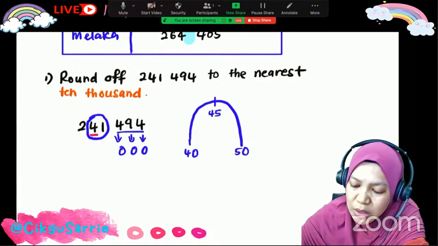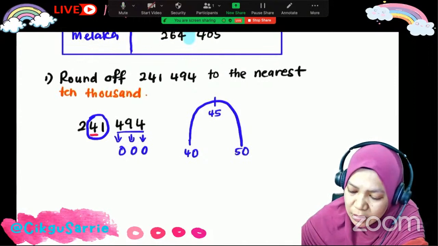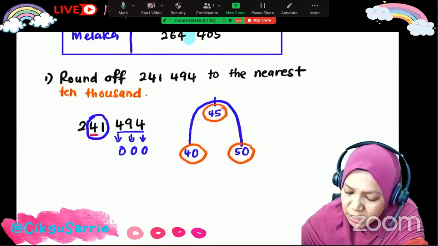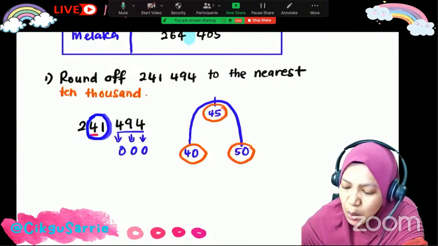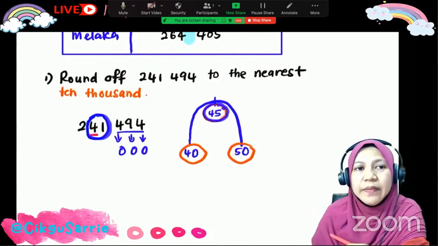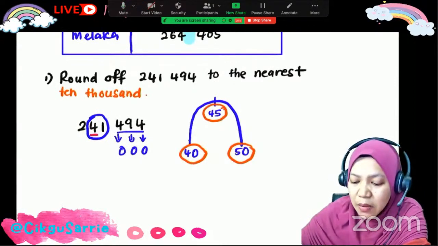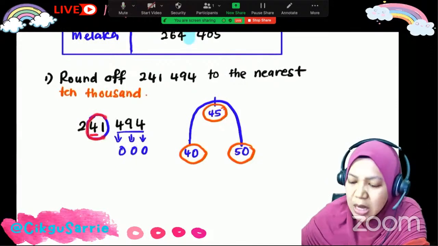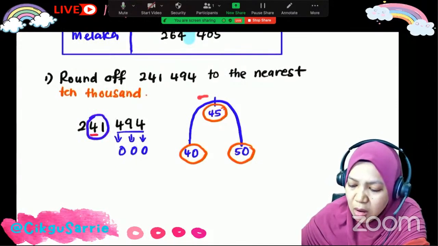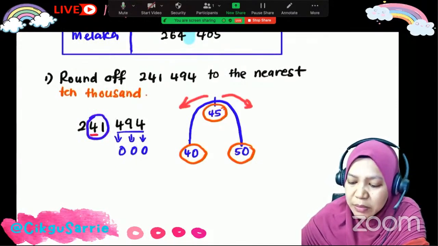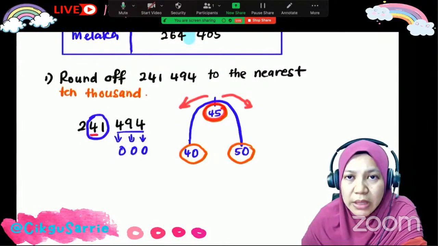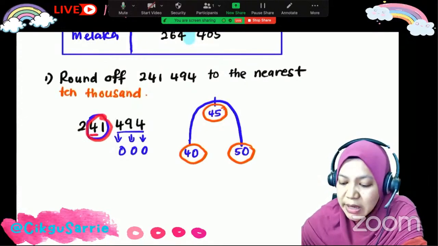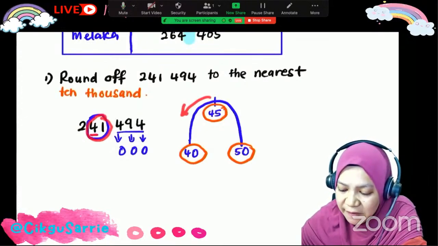Now we do comparison. Okay, we do the comparison between what? Between this circle number and this middle number. Is this circle number before or after the middle number? Right, this circle number 41 is before 45.